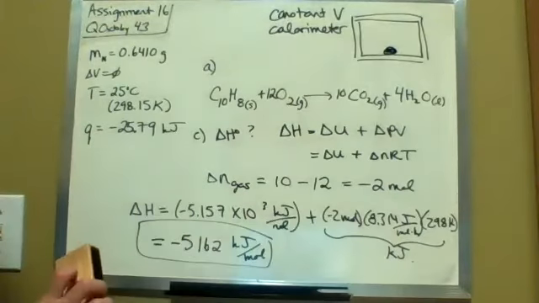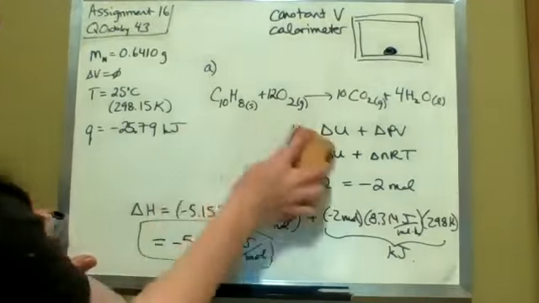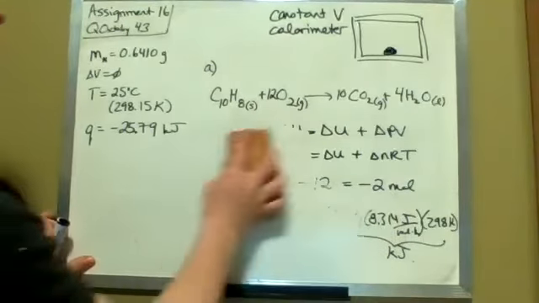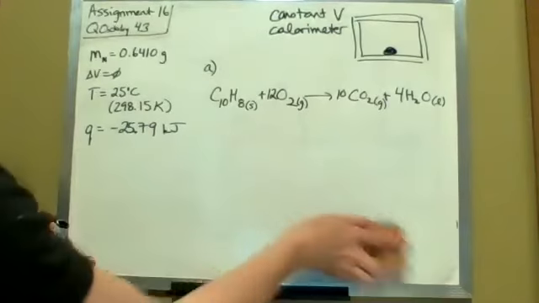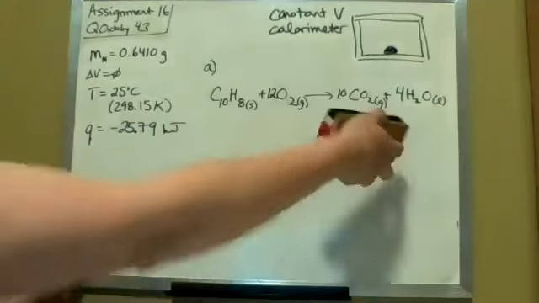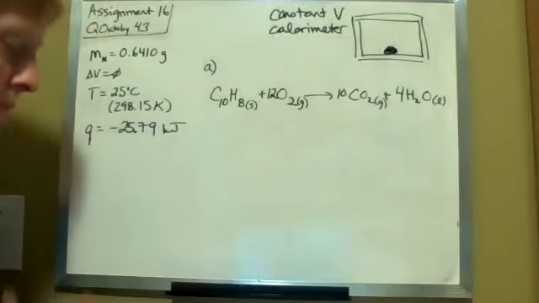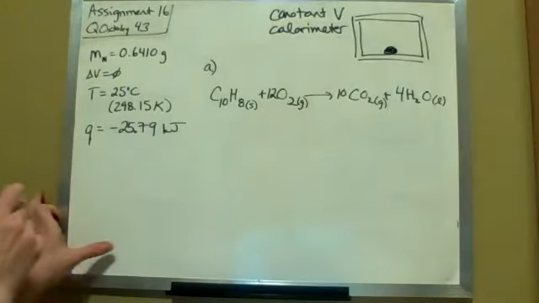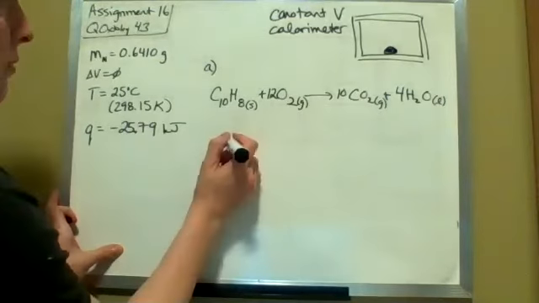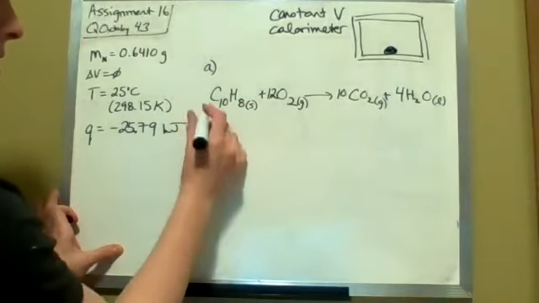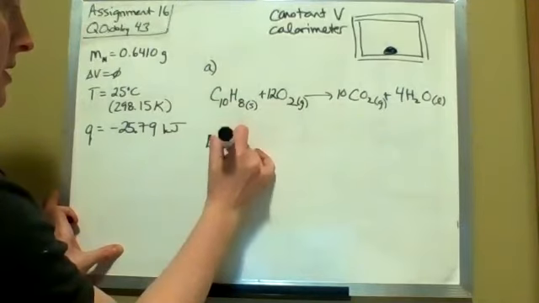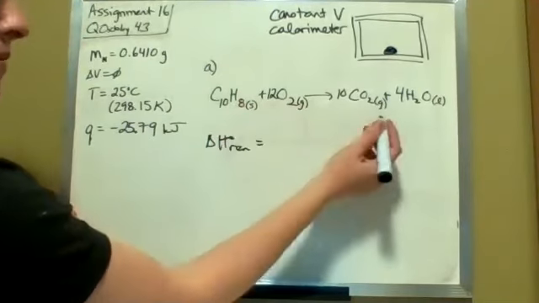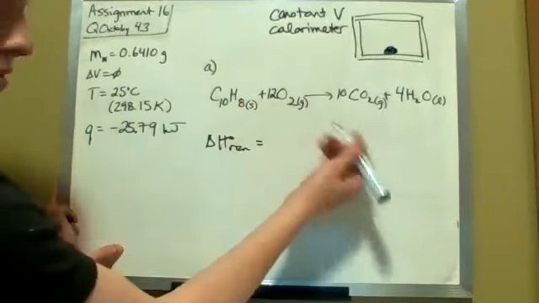And the last part of this question asks you to find the enthalpy of formation of naphthalene from this and also from using your appendix D. Remember, your enthalpy of reaction is made up of the enthalpy of formations of the products and the reactants, right?